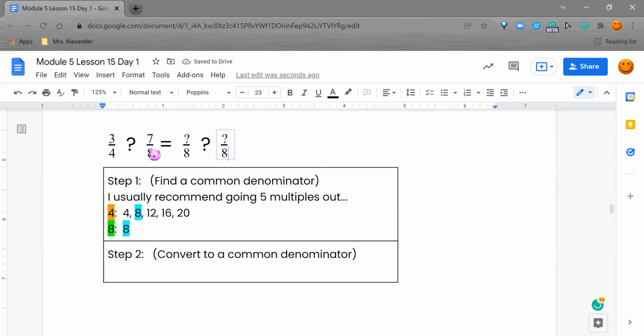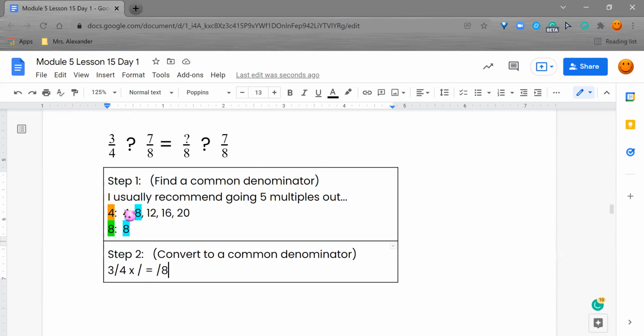And because this is already an 8, I can go to the top in our numerator and write my 7. So that one is done. We need to figure out 3/4, so I'm going to do my 3/4 right down here. We're going to multiply by some whole one equals some fraction over 8. Now I look at this and go, 4 times what gives me 8?